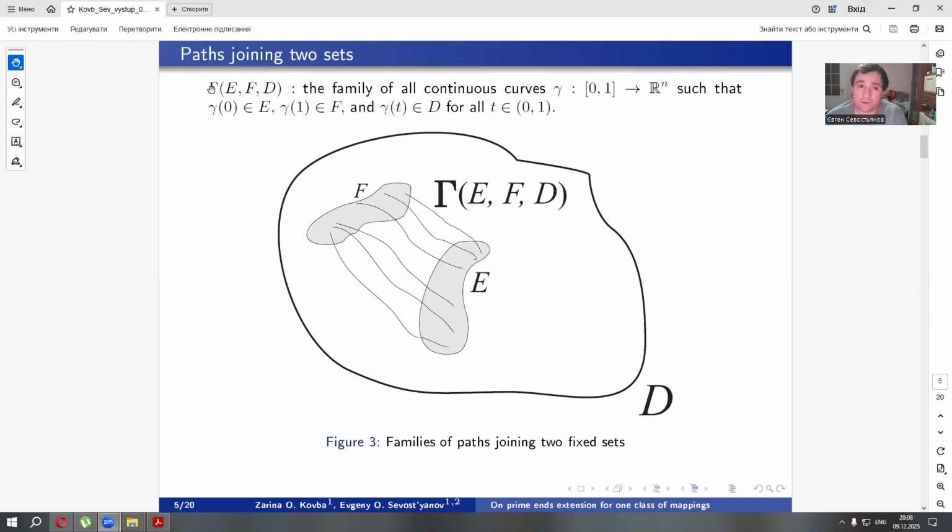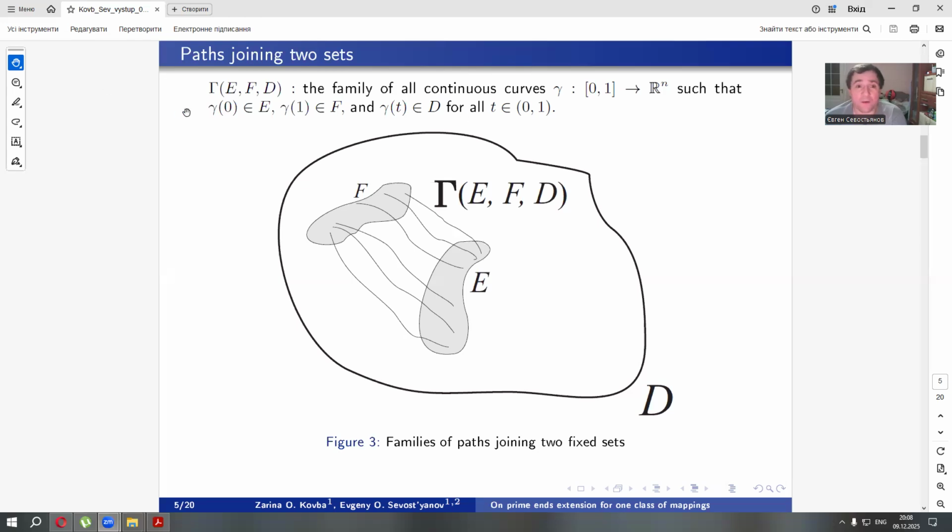By the triple Gamma(E,F,D), we mean the family of all paths, right here continuous curves, but the name curve is assumed to be always continuous, so I may say it without the word continuous.